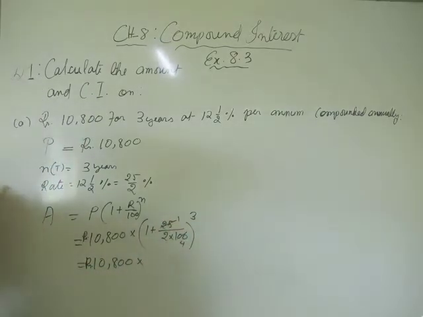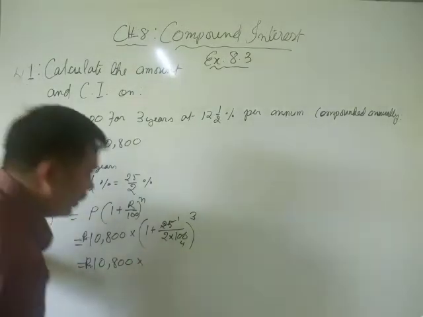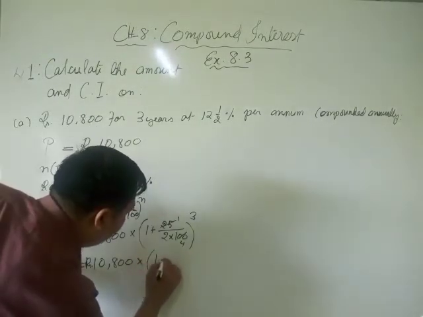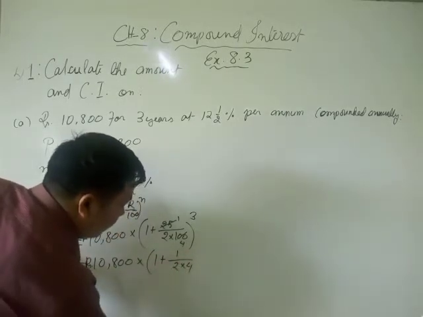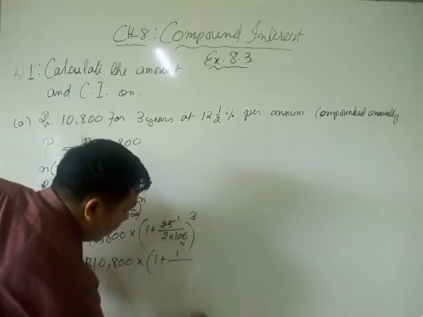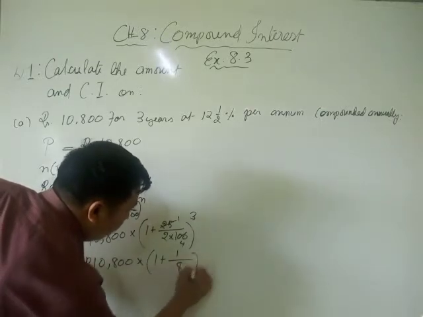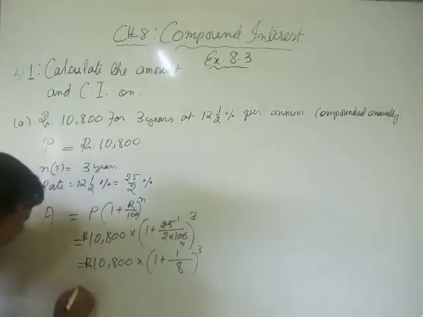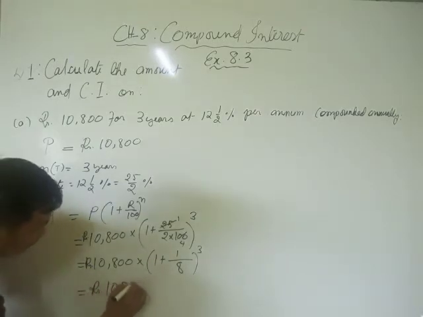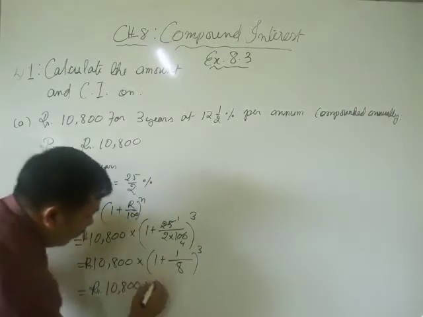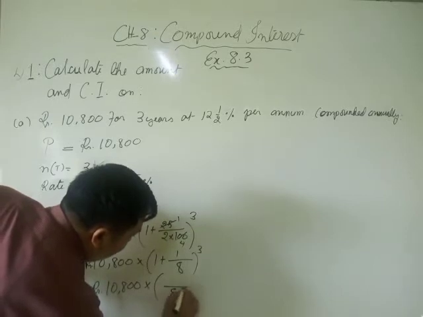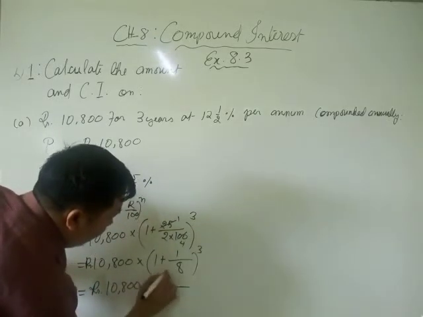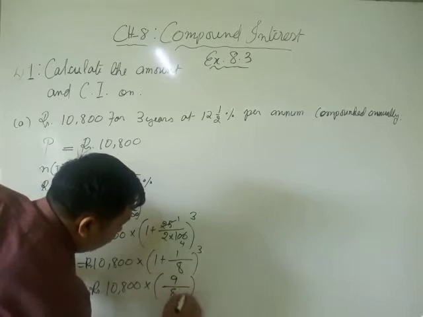Actually we have here 1 plus 1 by 2 into 4, that is 1 plus 1 by 8, the whole to the power 3. Then next, rupees 10,800 into, now in the bracket what do you get here? You get 8 plus 1 is 9, so 9 by 8 to the power 3.